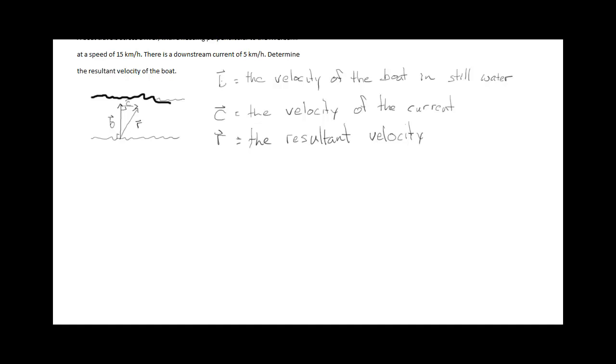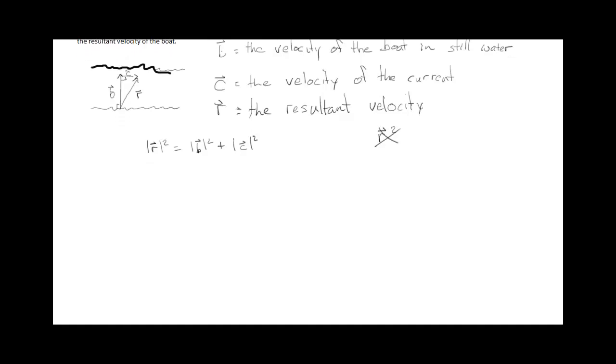So we know that the hypotenuse squared, which in this case would be the magnitude of r squared, will be equal to the magnitude of b squared plus the magnitude of c squared. Make sure you've got the magnitude symbols when you write this. If you just said r squared, that's wrong. This doesn't mean anything. You can't square a vector. Remember that a vector includes direction. We're just talking about the magnitudes here.